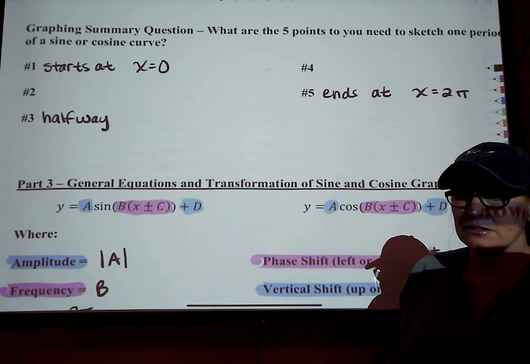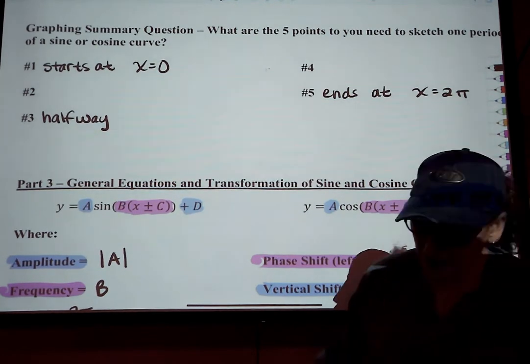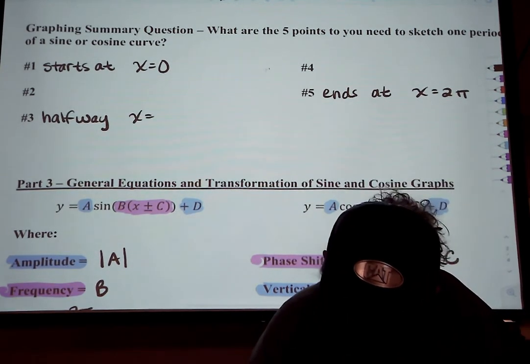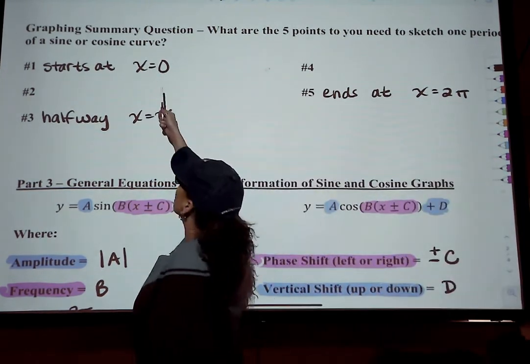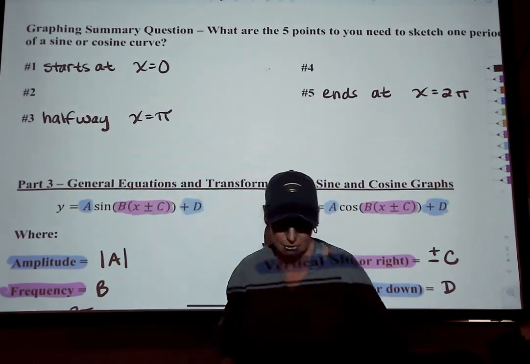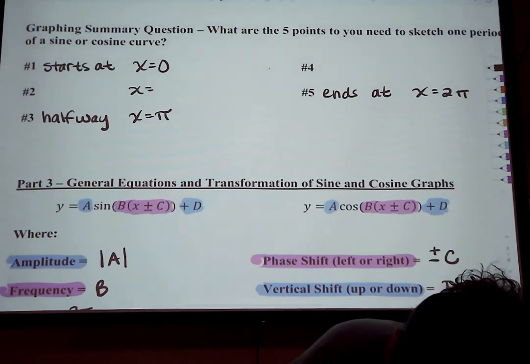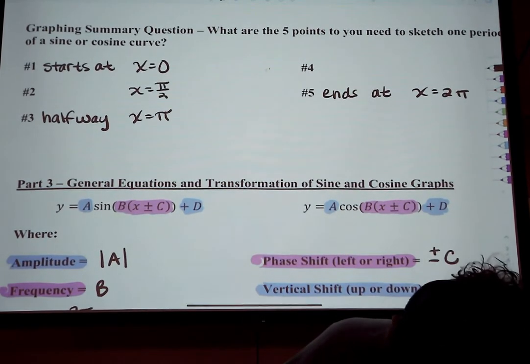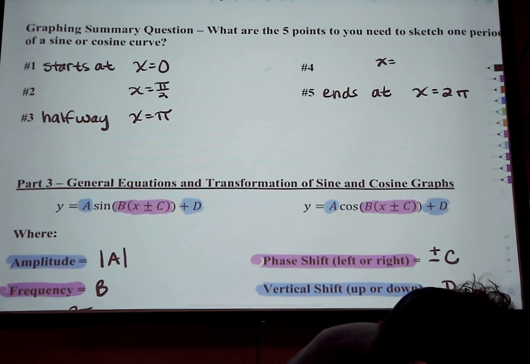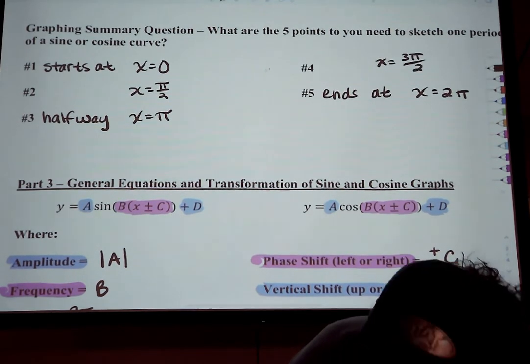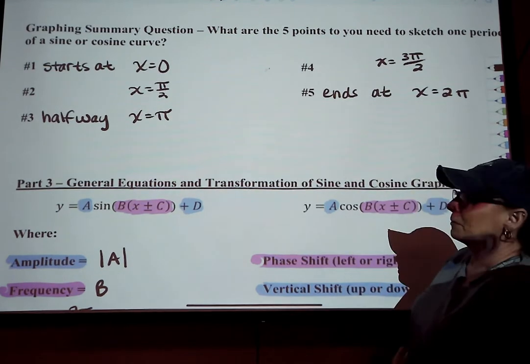Starting point is 0, ending point is 2 pi. Halfway, 1 pi. The middle here is pi over 2. And then 1 pi over 2, 2 pi over 2, and then we have 3 pi over 2, and then it ends at 4 pi over 2.